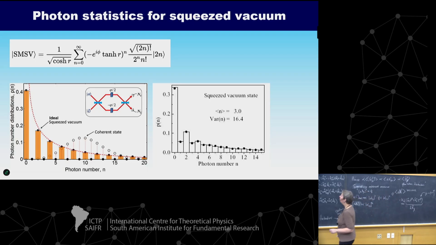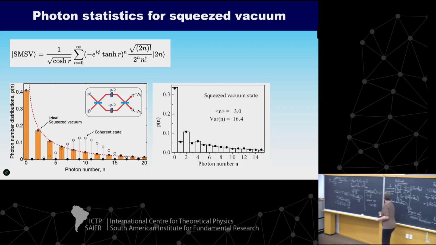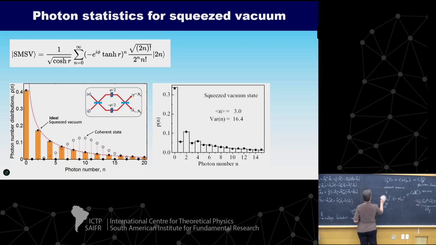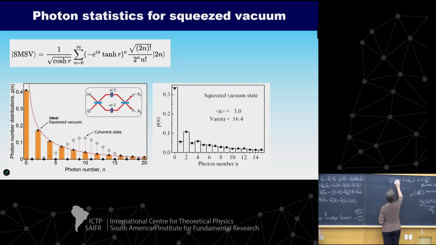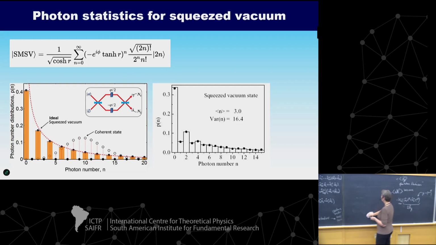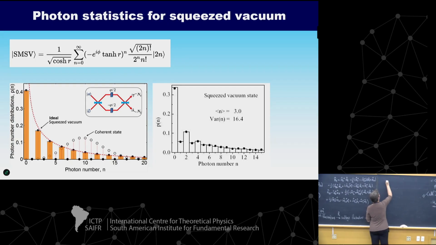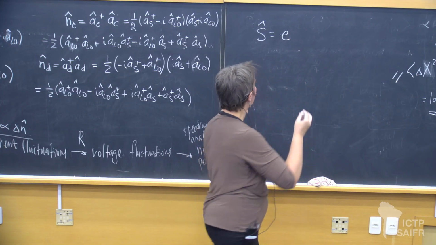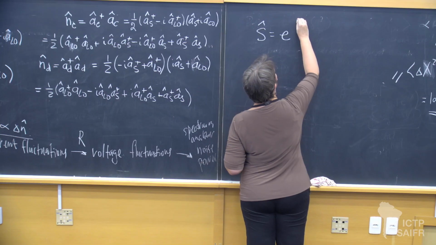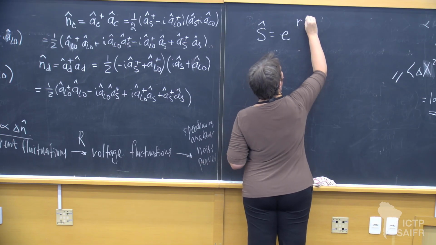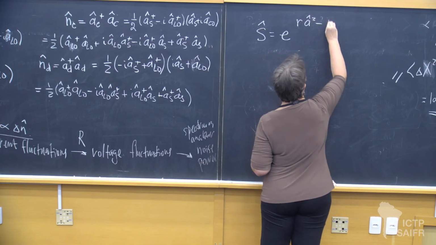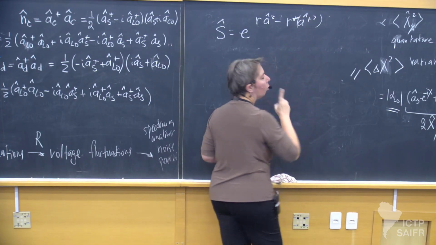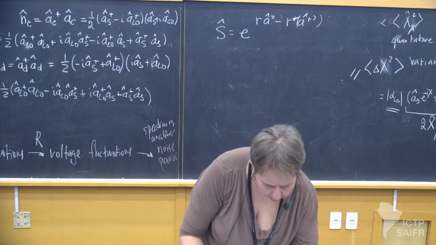And this may not be a huge surprise if I tell you that the squeezing operator, so the operator which describes the generation of squeezing, looks something like this. E to the, I think without I, okay, I'll double check. Basically, your squeezing parameter, r a squared minus r star a dagger squared. I'll confirm in a second. There might be some sign change over here.